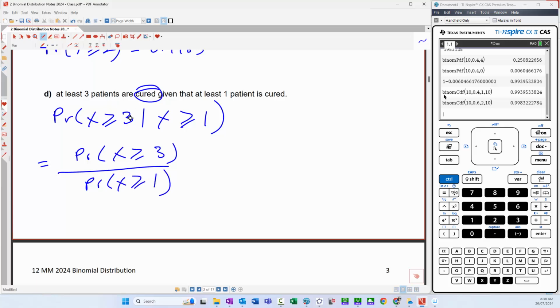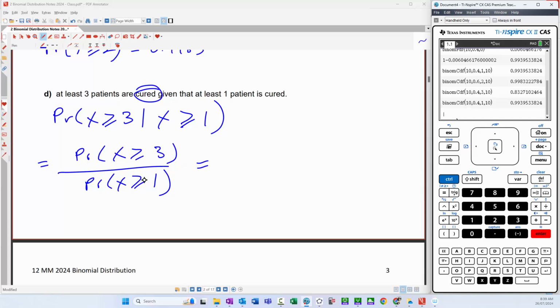So what we do is we check whether this is a subset of this, or whether this condition negates any of the things that we're looking for here, and it doesn't. So we can just go straight in and do this. All right, so we're back to the original 0.4 distribution. We're going 3 through 10 to get that one. We're going 1 through 10 to get this one here. So that's that one there.